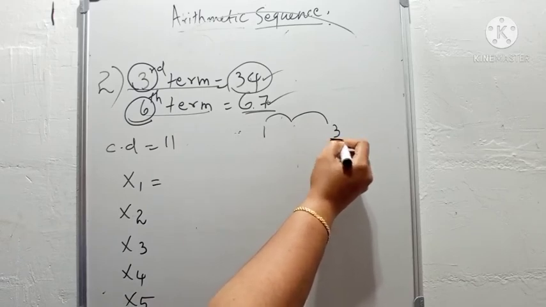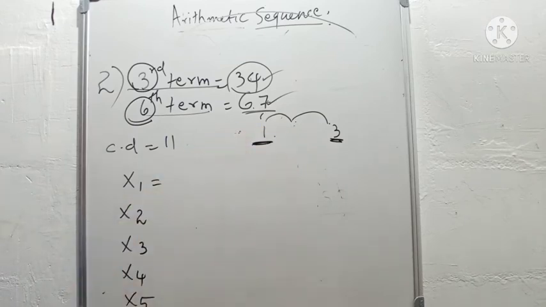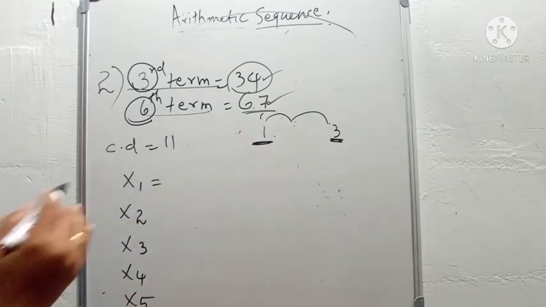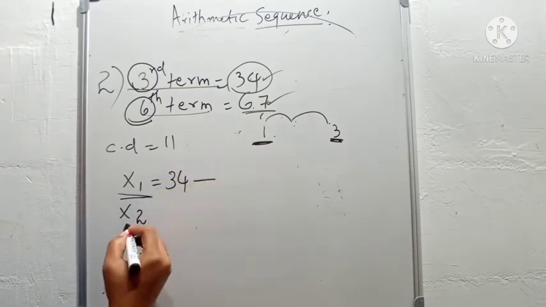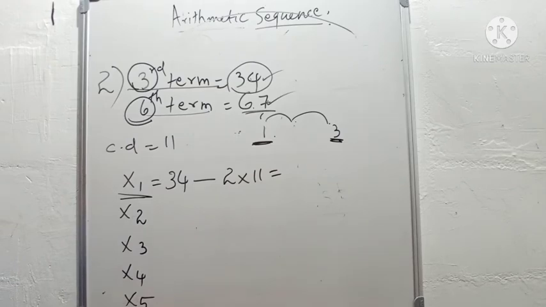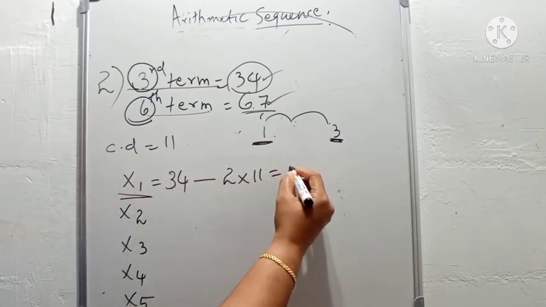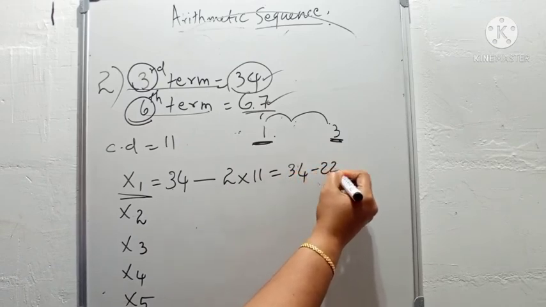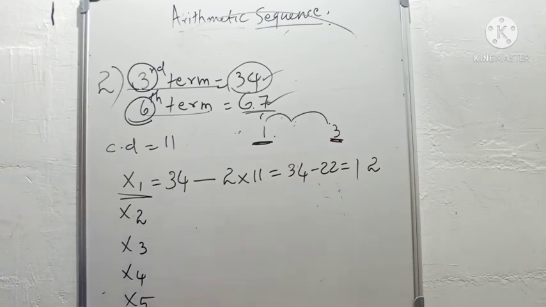So the first term is 34 minus 2 into 11, that is 34 minus 22, which is equal to 12.